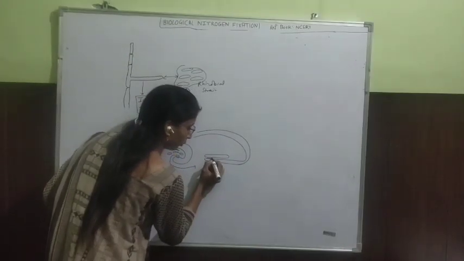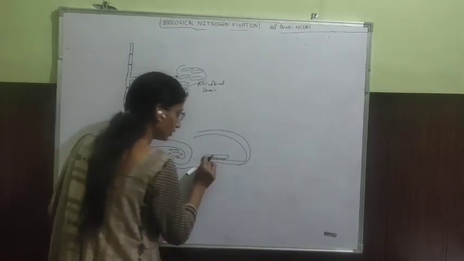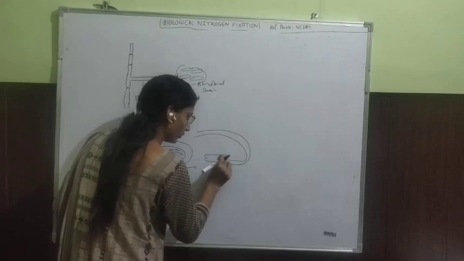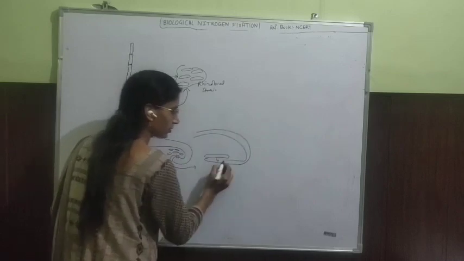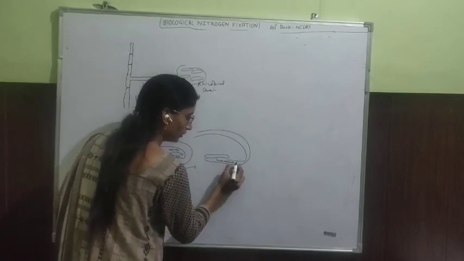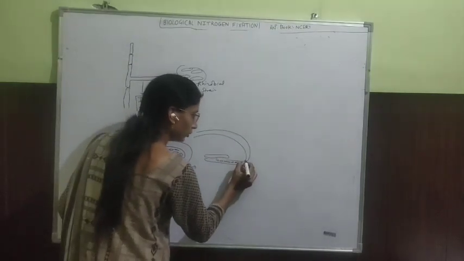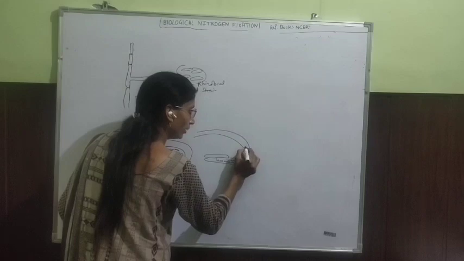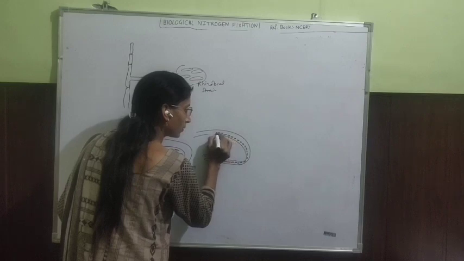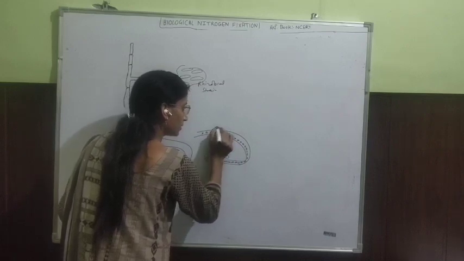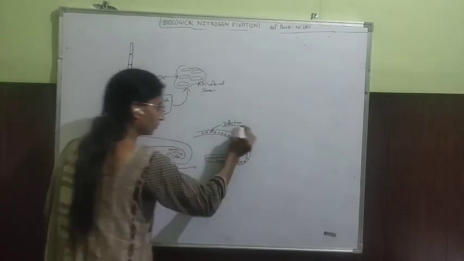They come in close contact with each other, and when they come in contact, this wall gets dissolved. When this wall gets dissolved, the rhizobium gets into the system. So they enter into the root hair, and when they enter, they form continuous cell lines, and this is called the infection thread.